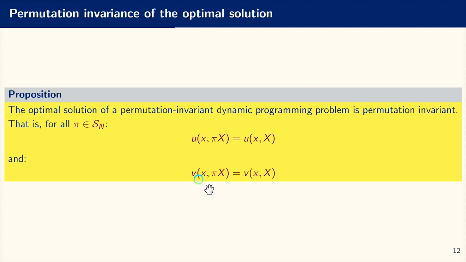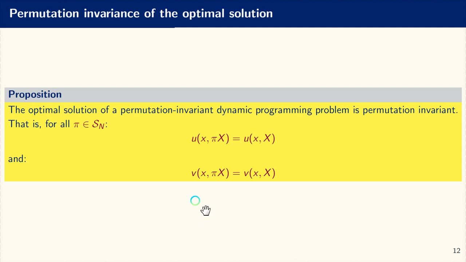Coming back to my example before, what this is saying is that if you're California, you don't care if the state with high productivity is Wisconsin or Minnesota. And if you switch the states of Wisconsin and Minnesota, you as California, as the representative agent in California, are still going to have exactly the same decision rule and exactly the same value function.